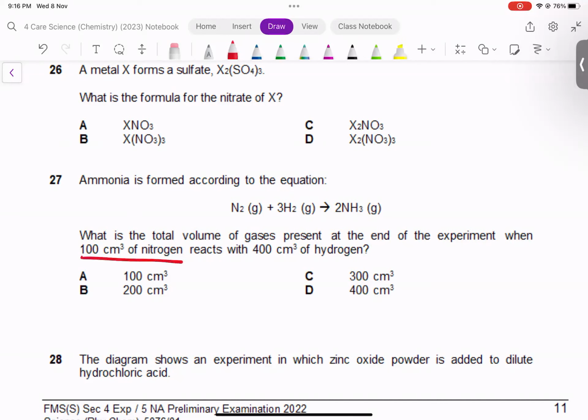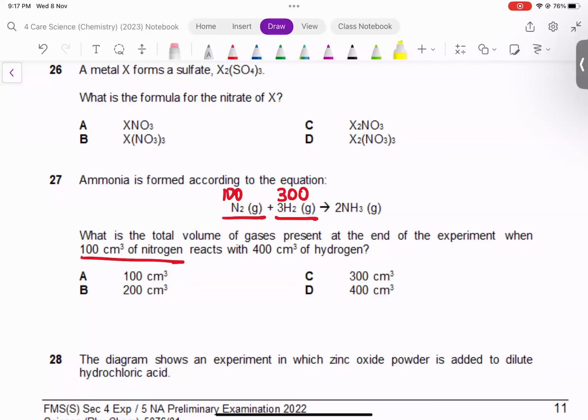So 100 cm cube of nitrogen. Nitrogen is a gas. There is no need to convert it to moles. Just compare the volumes. If it's 100 cm cube of nitrogen, then you look: the hydrogen is 3 times of it. So 300 cm cube of hydrogen is needed.